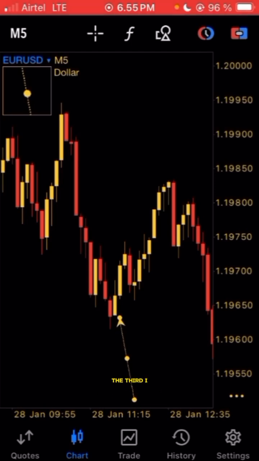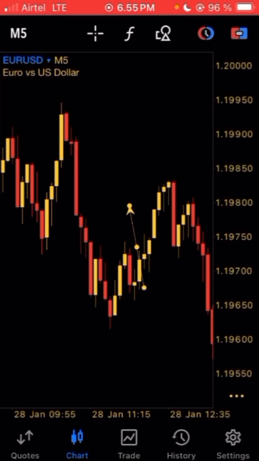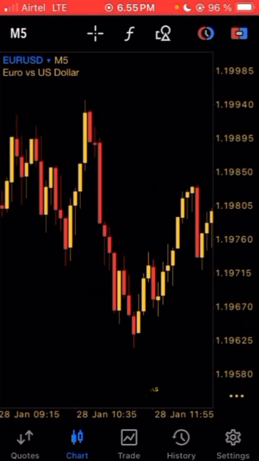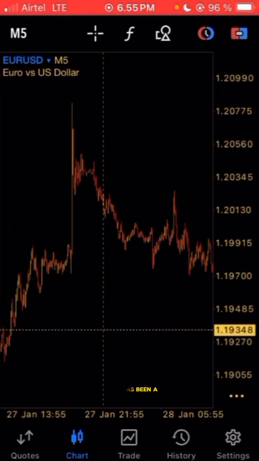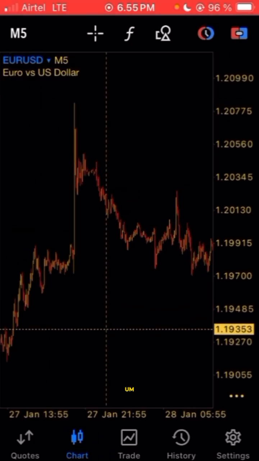The third is the manipulative candlestick pattern. The manipulative candlestick pattern is literally a candlestick pattern that has a history. There has been, I would say, a quarrel or an argument in the market in time past, and the market finally goes in a direction that people did not expect.